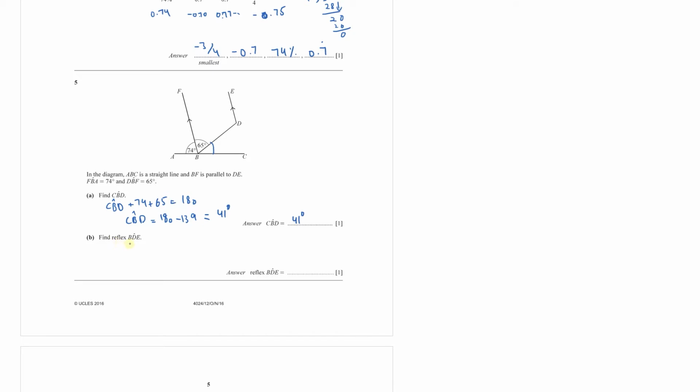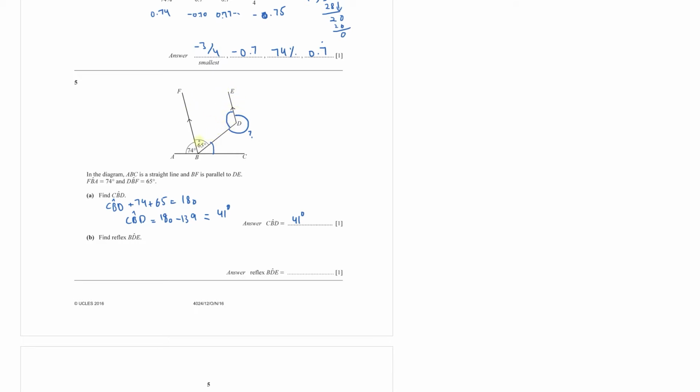Find the reflex angle BDE. So the reflex angle is this one, the angle which is greater than 180 but less than 360. So this is your reflex angle BDE that you have to find. So since these two lines are parallel, we can actually find this angle, the internal BDE angle.